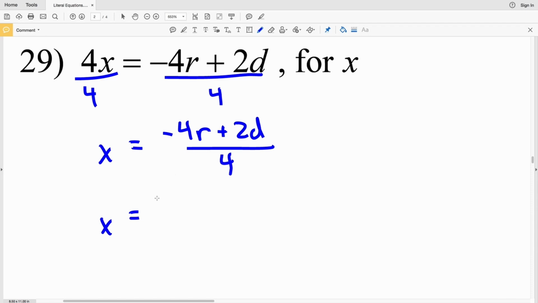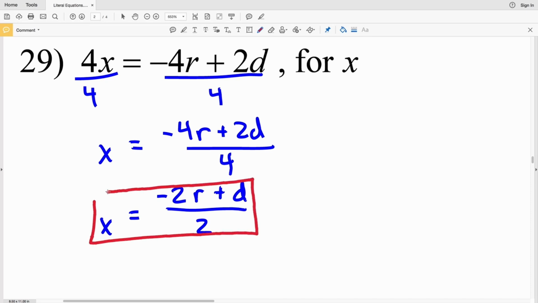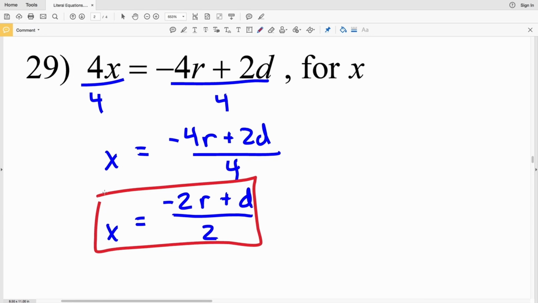So 2 goes into negative 4, negative 2 times. 2 goes into 2d once, so that'll be left with d, and 2 goes into 4 2 times. So our final answer is x equals negative 2r plus d all over 2.